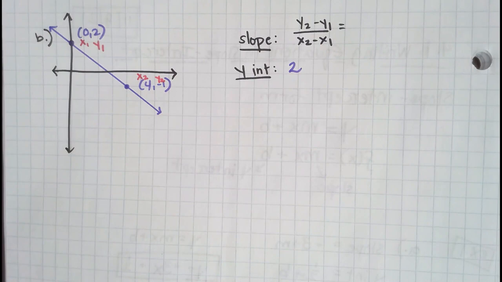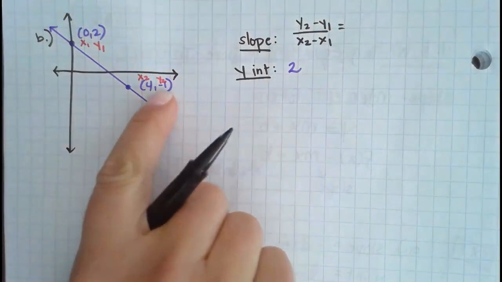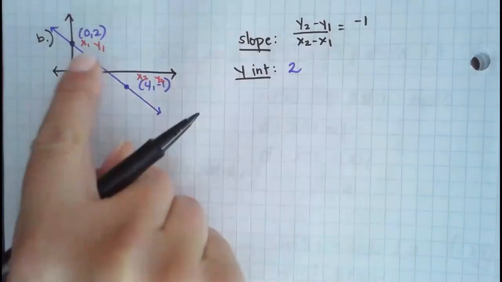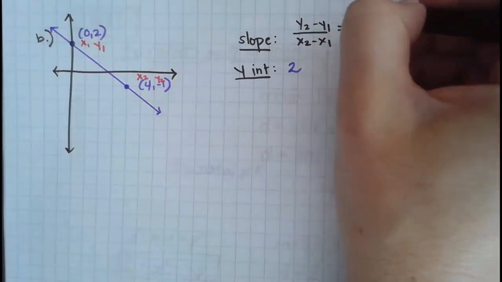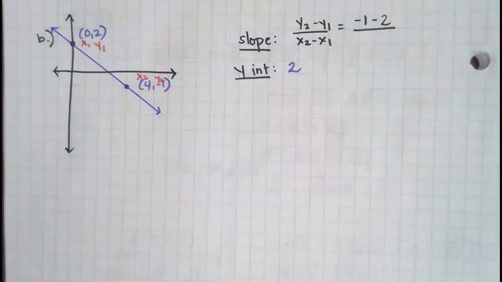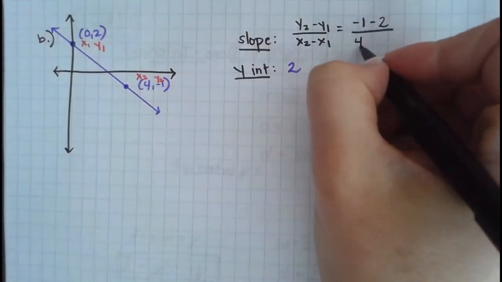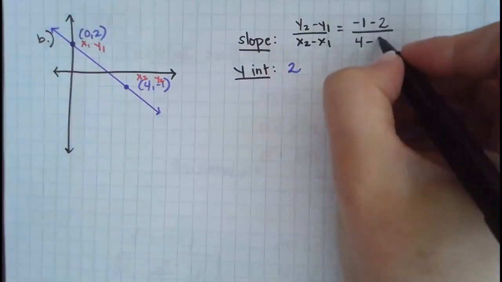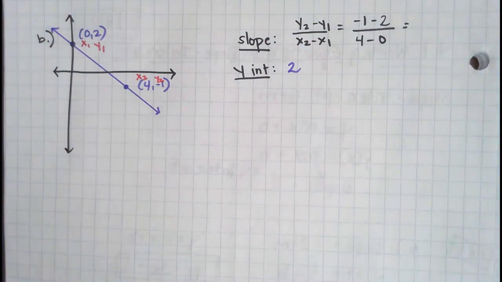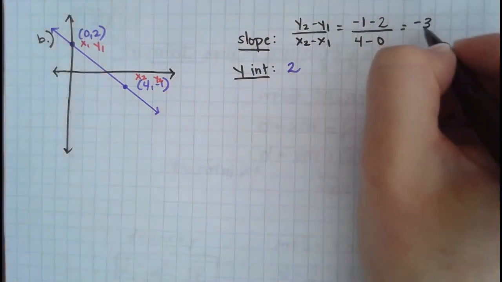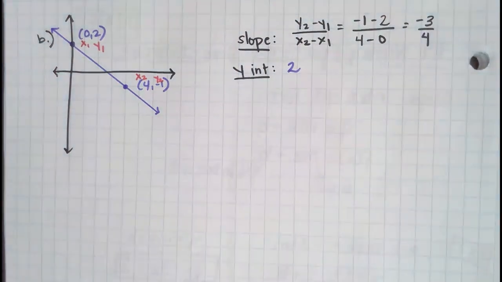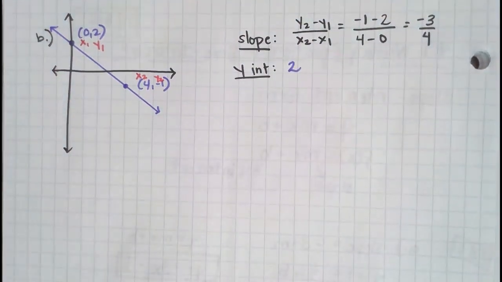And then I just plug in the points that I've labeled. y2 is negative 1 minus y1, which is 2, over x2, which is 4, minus x1, which is 0. Then when I simplify, I get negative 3 over 4. That's my slope. Can't simplify that any further. It's a fraction in simplest form. So my slope is negative 3 over 4.